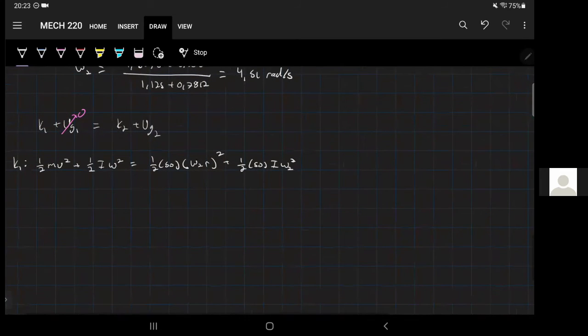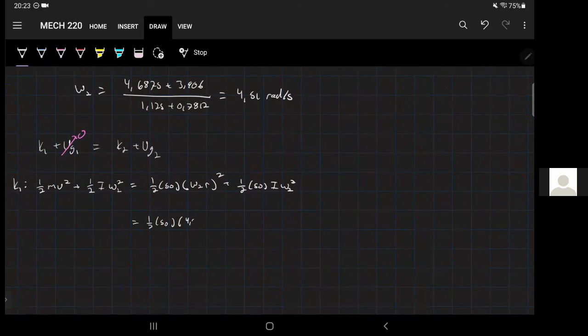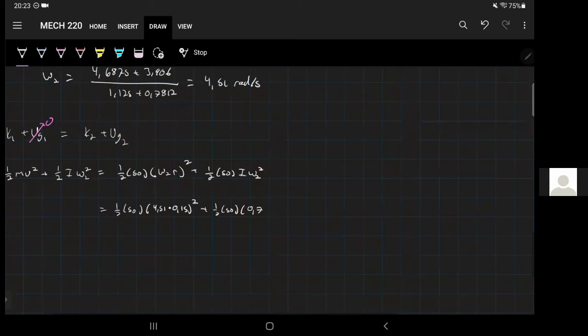So that's omega 2. And so I can just do 1/2 times 50 times 4.51 times 0.15 squared plus 1/2 times 0.7812 times 4.51 squared. And this gives a result of 19.4 joules, once you have plugged everything in.